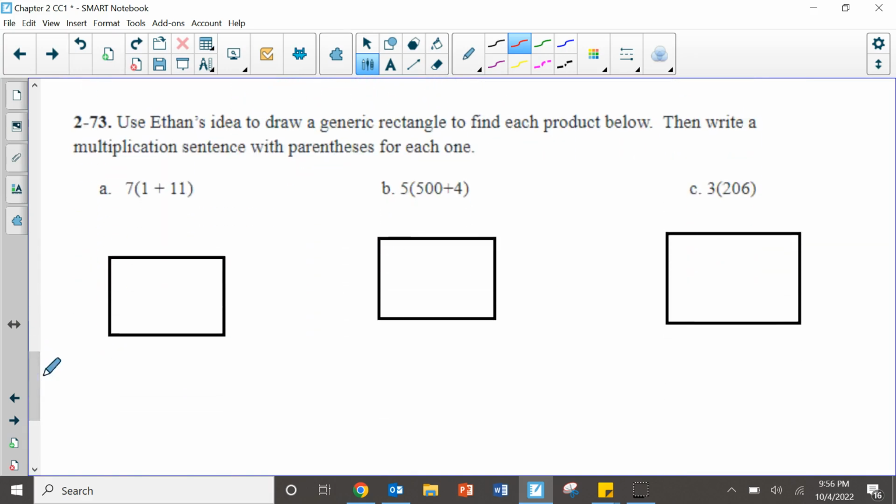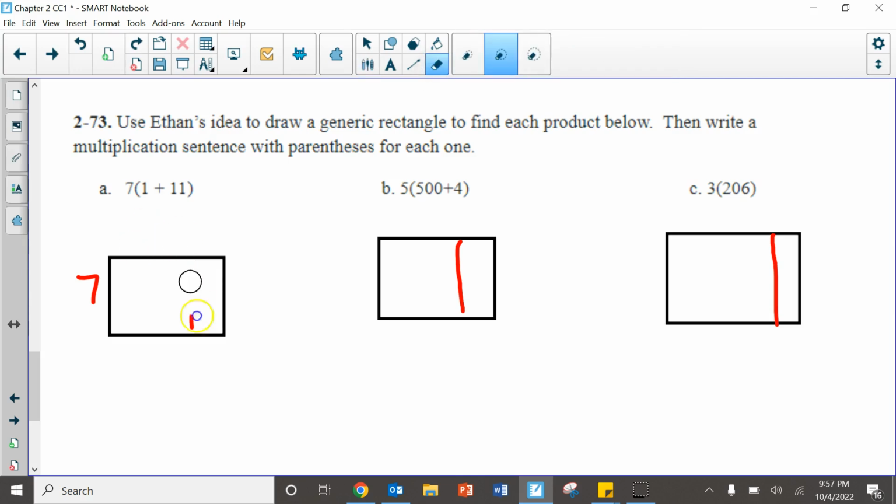So go ahead and pause this video and draw a generic rectangle and solve for the product of each one. Go. You would set this first one up: your 1 digit goes on here, and then your 11. Oh, sorry, let's do it in order so it's not confusing.